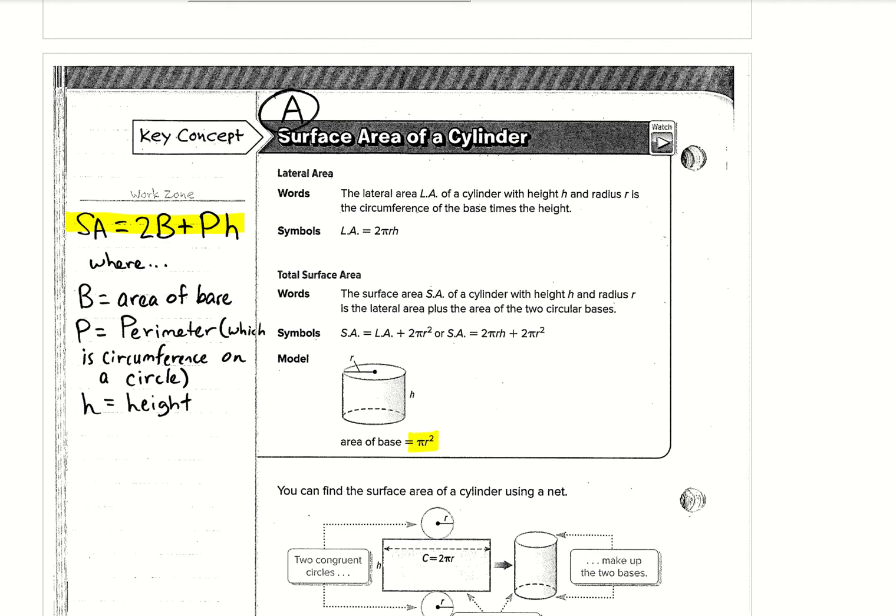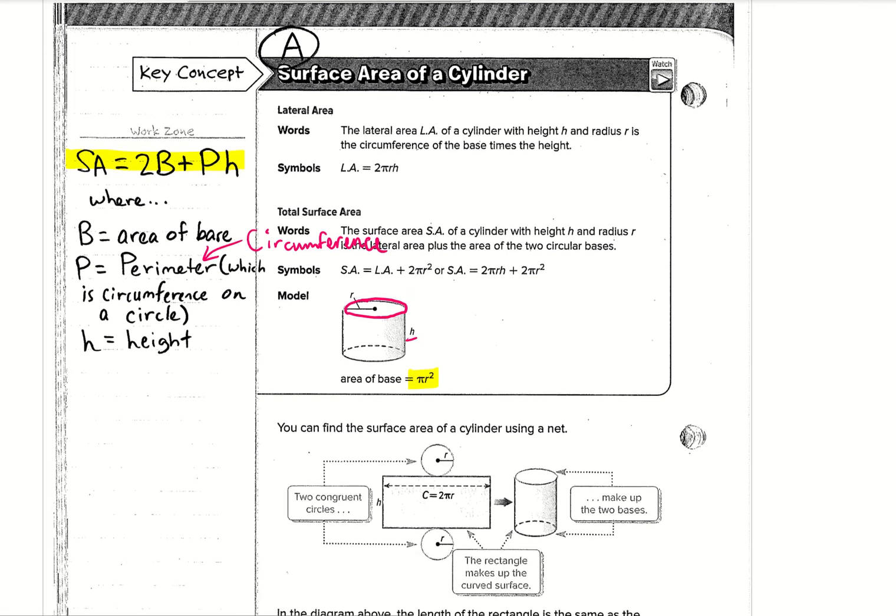So we have two times the base and then plus the perimeter. And the perimeter for a cylinder is, once again, the perimeter of the base, so that's just going to be the circumference. And then h is still going to be your height, which you see right here. So that's our formula for a cylinder.